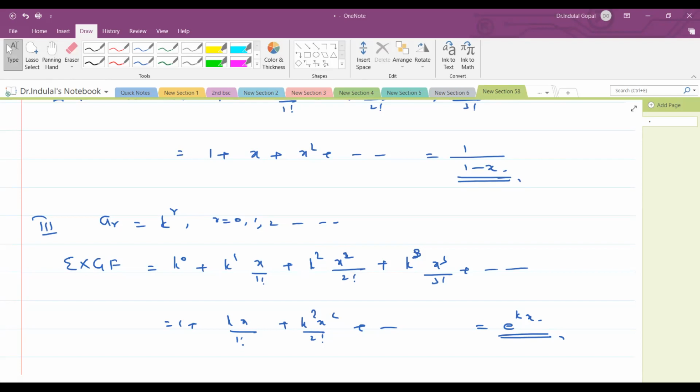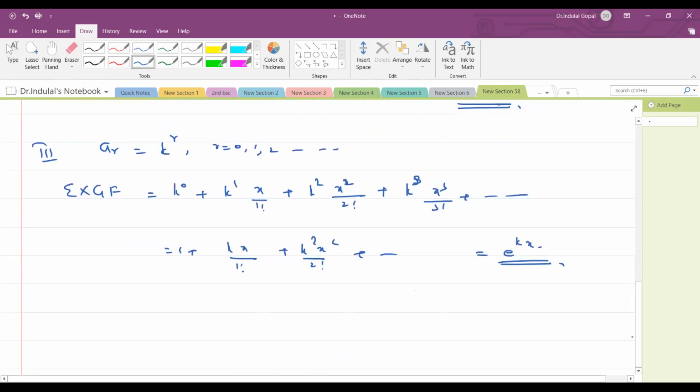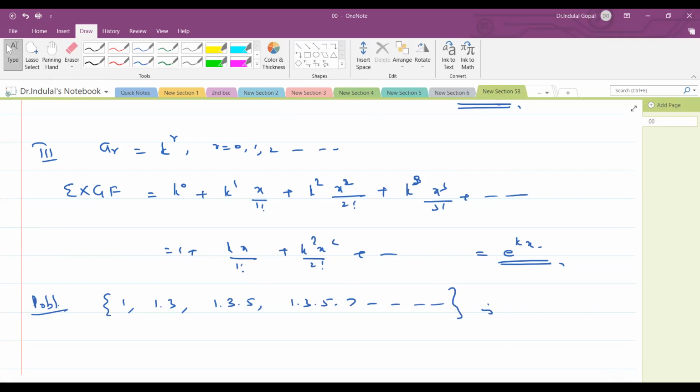A question. Show that the exponential generating function for the sequence 1 into 3, 1 into 3 into 5, 1 into 3 into 5 into 7, etc. is (1 minus 2x) raised to minus 3 by 2.